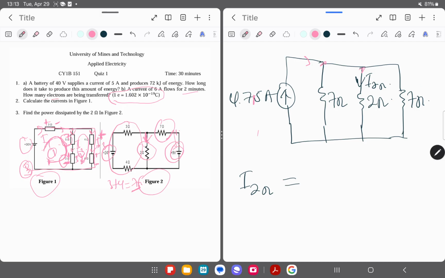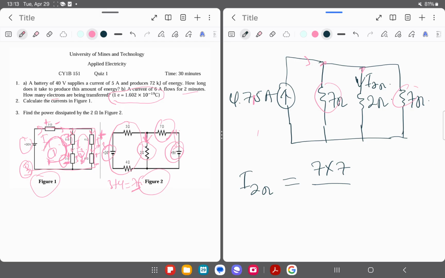You can see here I have 3 resistors in parallel: 7 ohms, 2 ohms, and 7 ohms again. To use current division, we are looking at the 2 ohms, so we take the product of the other resistors, 7 by 7. Then in the denominator, we use a combination by taking 2 at a time.